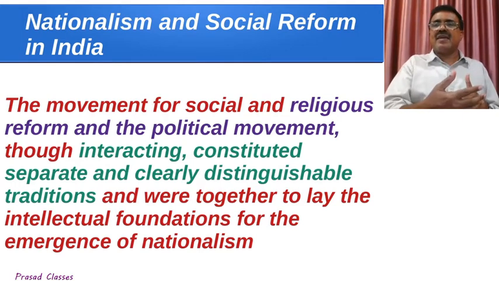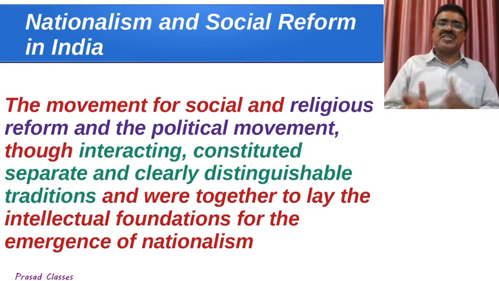They were giving and taking, one nourishing the other. We can see that the social reform movements nourished the political movement, and some political initiatives induced social changes. But they are distinguishable. And together they helped lay the intellectual foundations and the emergence of our nationalism.